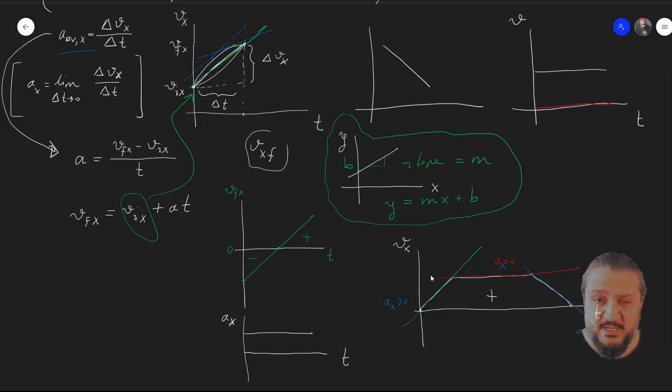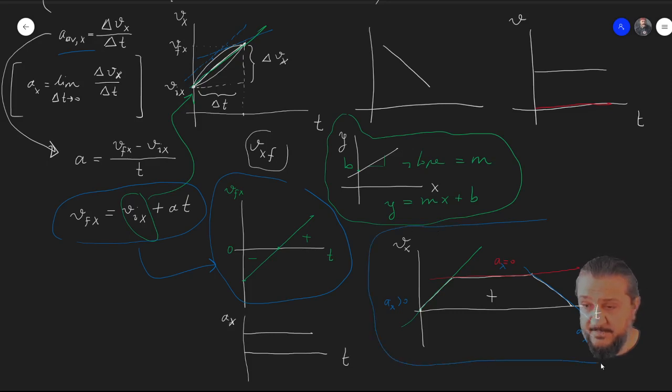So this formula I just wrote here applies to only a segment in that graph, okay? It doesn't apply to the whole. So this formula here applies well to this graph because there's one acceleration there. But when you consider this one over here, you have to divide into 3 time intervals.